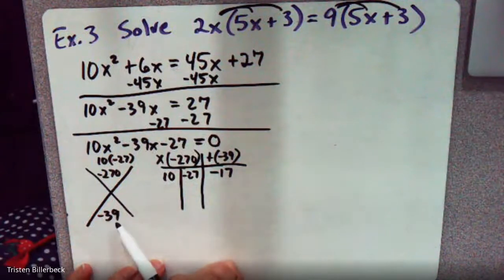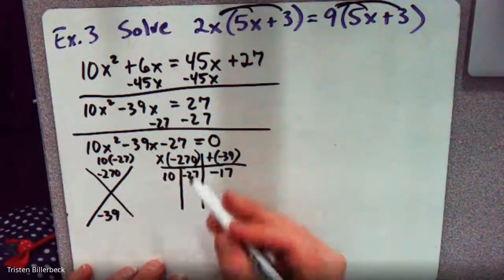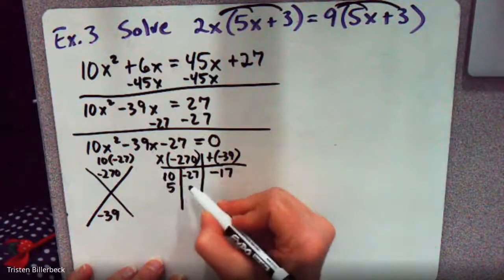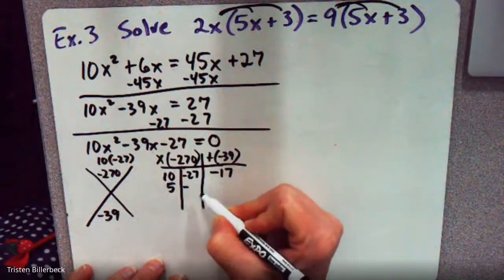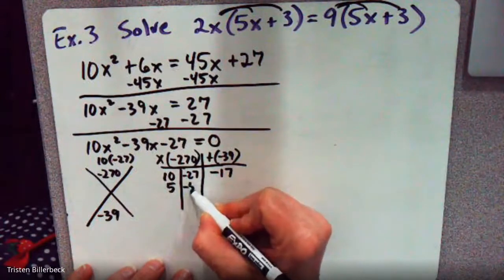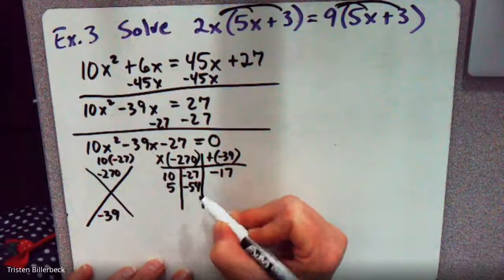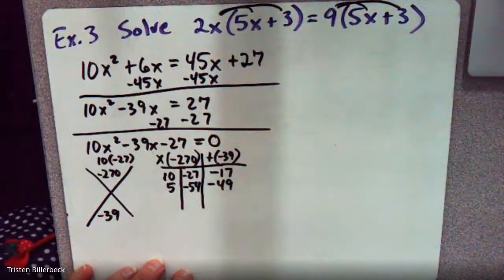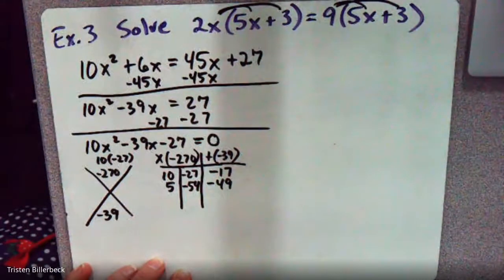So we need to be farther apart. So let's try 5 times negative, doubling that, I get 54. Well, that gives me negative 49 when I add that together. So they need to be a little closer together than that.